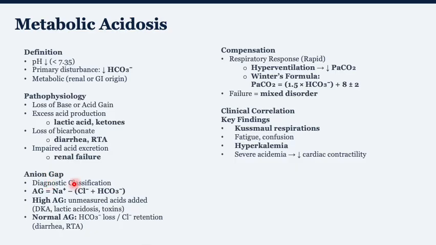So in metabolic acidosis, the anion gap is high, meaning an unmeasured acid has been added, and that's usually due to DKA, lactic acidosis, or toxins. I have seen toxins contribute to an increased anion gap.